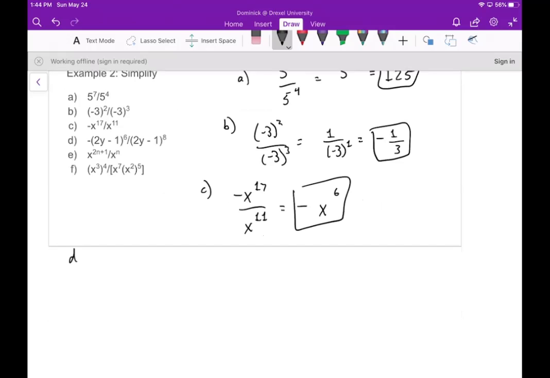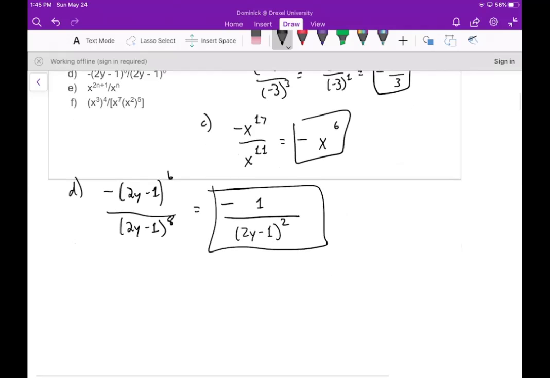Part D, we have negative 2y minus 1 to the 6th over 2y minus 1 to the 8th. We're definitely going to get a negative because negative divided by positive is negative. Now my bigger power is in the bottom, so I'm going to put a 1 up top, and I'm going to have 2y minus 1 squared left over.